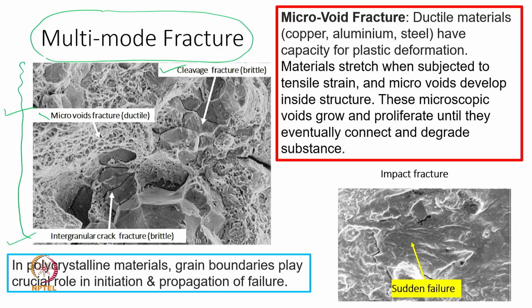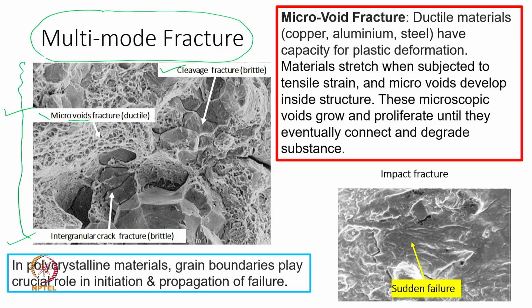Now, a new thing: in the previous slide I showed some sort of dimple, and here I am using the new terminology microvoids. To some extent dimples and microvoids appear to be the same, but there is a slight difference in this case.